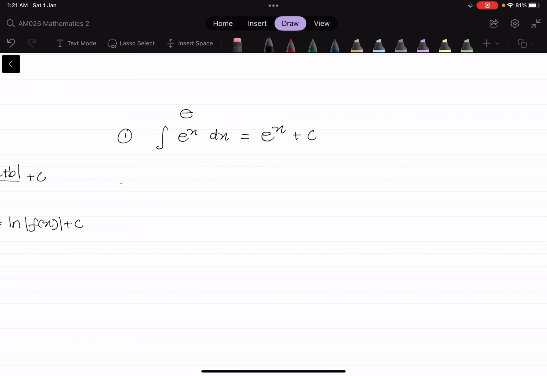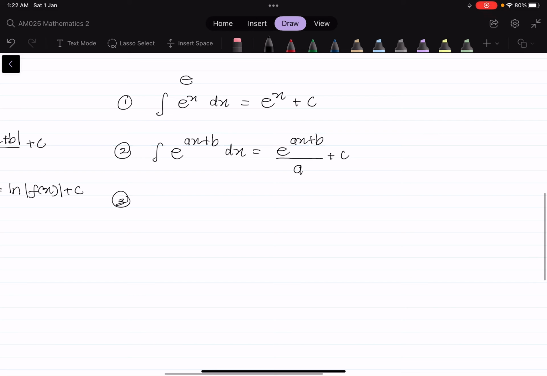Easy. So what if our exponent has a power of a linear function? Then same goes as just now. What we're going to do with this linear function is divide by a. So copy down the exponential, then divide by a.